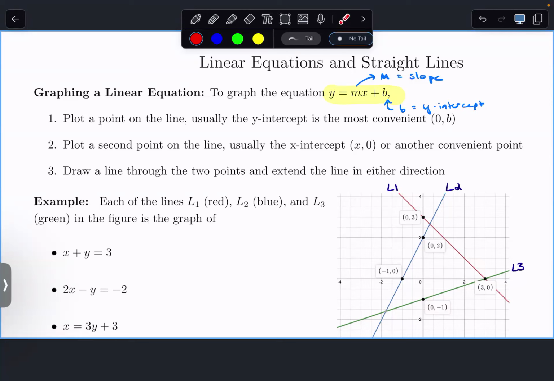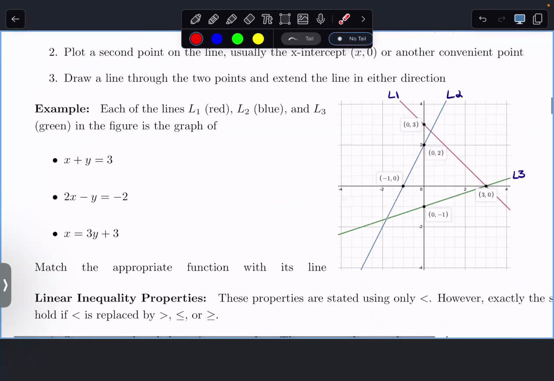I do need you to be able to draw straight lines. Here, I realized I drew these, and I'm printing in black and white so you can't see the colors. But you should have labels because I photocopied kind of old school: L1, L2, L3. What we're going to do is reverse engineer the lines from the points on each of these. It'll be pretty clear pretty quickly which one's which.